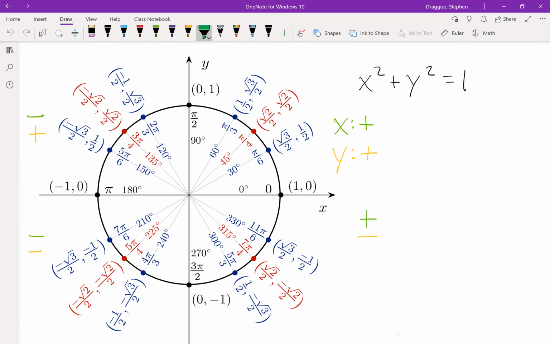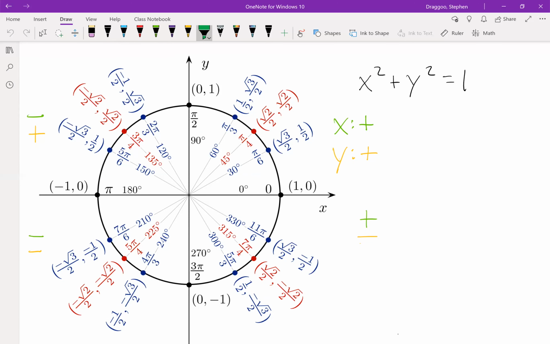Relating this idea of reference angles back to the unit circle, there is another handy way to relate these reference angles to some of the things that we're trying to memorize. So earlier I talked about specific classes of angle, like the pi over 6 class of angle, or the pi over 4 class of angle, or the pi over 3 class of angle.